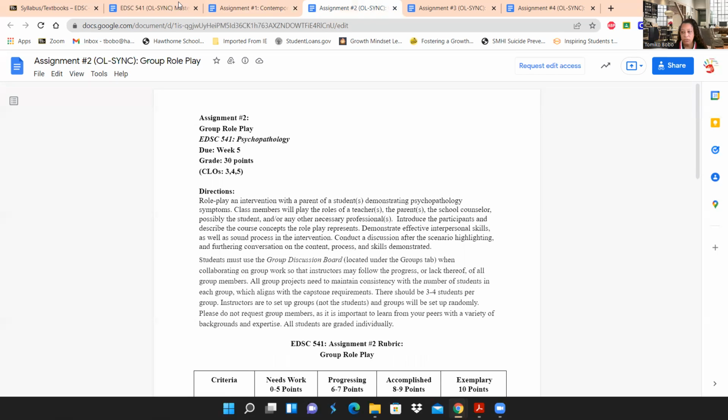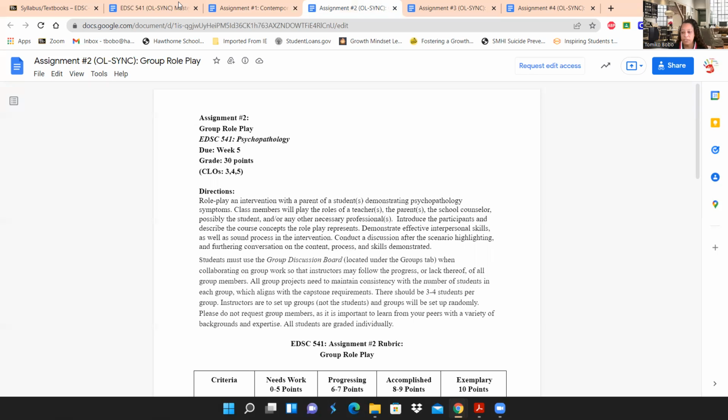Your second assignment is a group role play. I will assign you into groups of 2 or 3, depending on the total number of students. You will role play an intervention with a parent of a student that is demonstrating pathological symptoms, and the class members will play the roles of either the teacher, the parent, or the school counselor, and maybe even the student, if that is required, or if that many people are in your group.